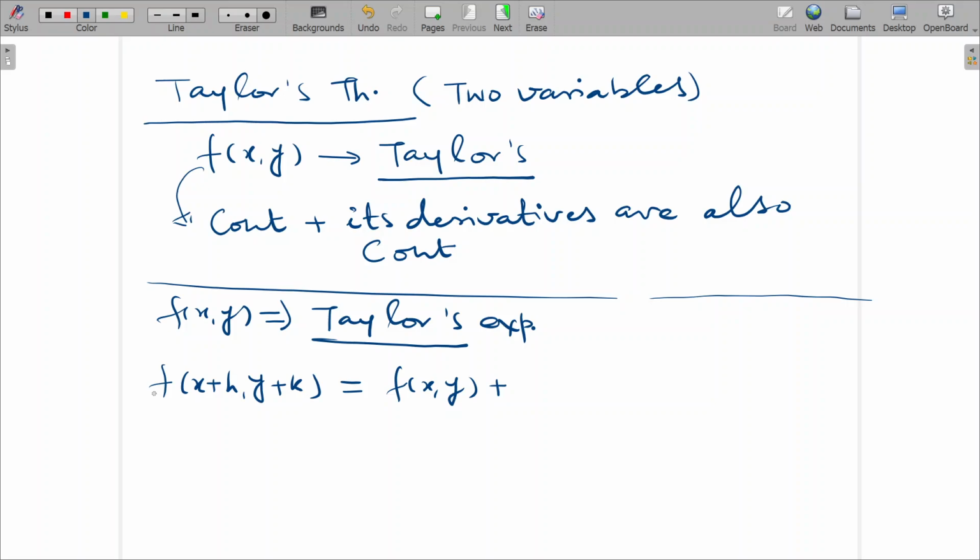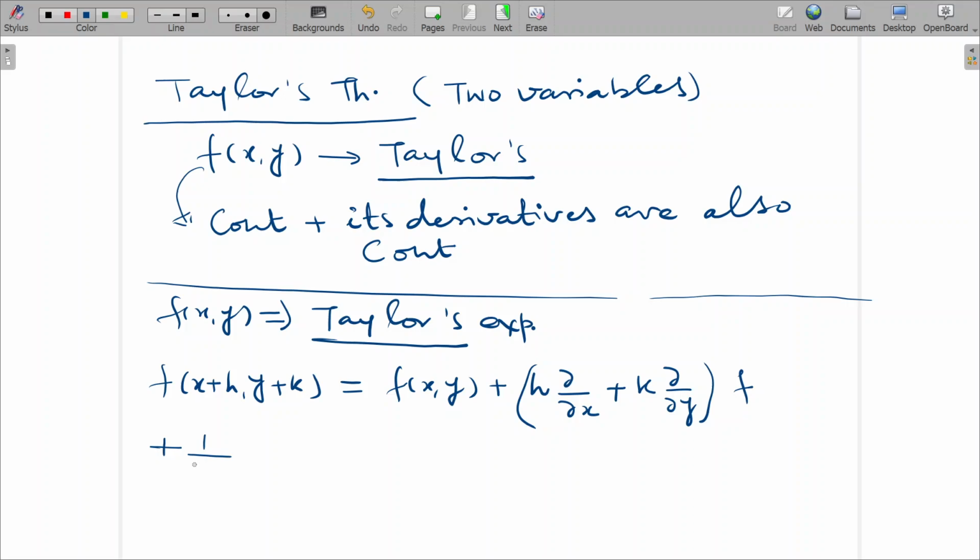The first one is h times del over del x, plus k times del over del y, which are the first order derivatives of this function f.